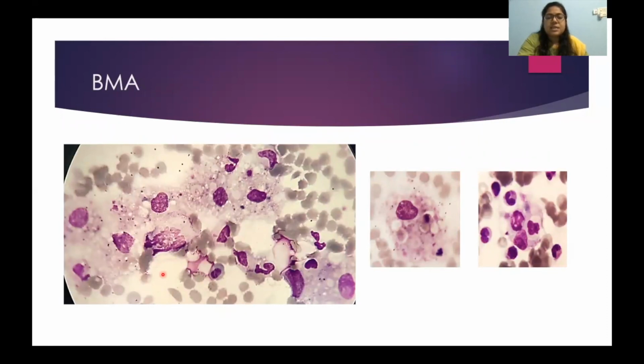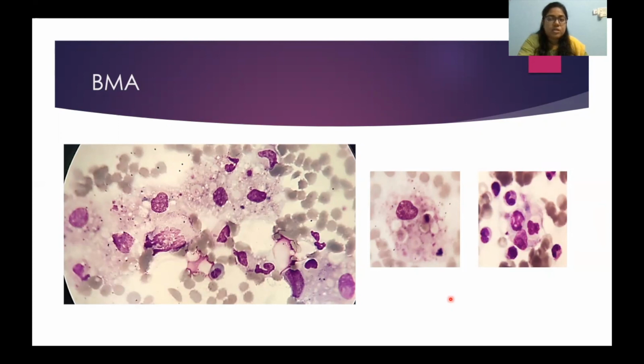So HLH is quite commonly seen secondary to infections, and in the bone marrow there were increased macrophages present in clusters, and here you can see there are RBCs present in the cytoplasm of the macrophage which is proving erythrophagocytosis, and here you can see intact WBCs and degenerated nuclei of lymphoid cells present in the cytoplasm of the macrophage.